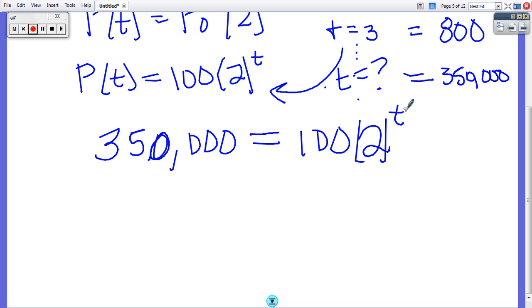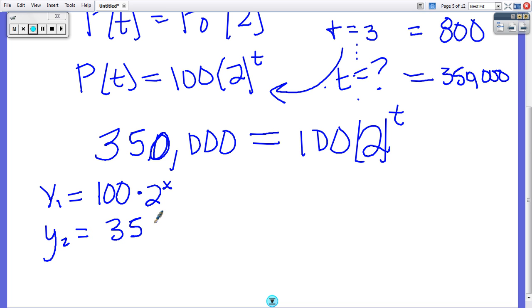So we don't know how to solve this type of problem yet. So what you need to do on your calculator, under y1, in the y equals, you need to write the equation 100 times 2 to the x. Under y2 in your calculator, in y equals, you need to write the equation 350,000.